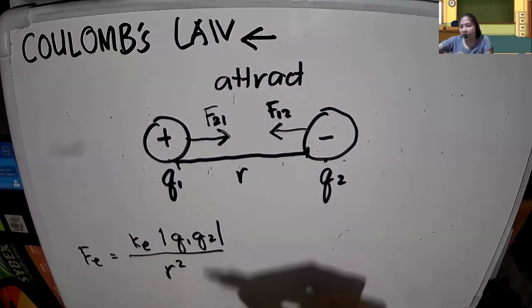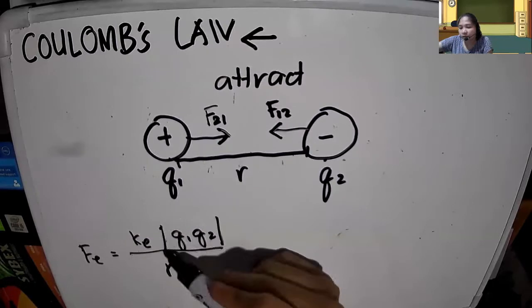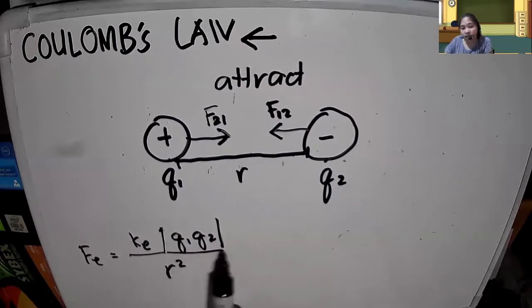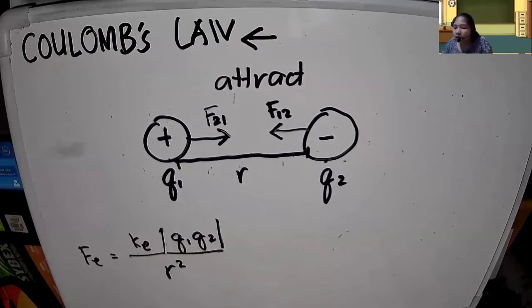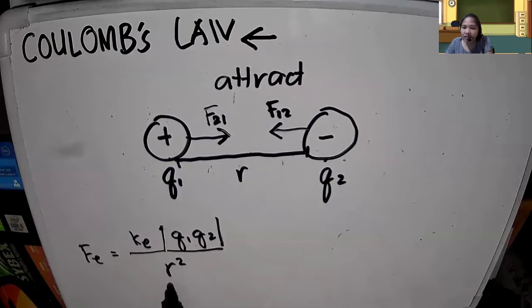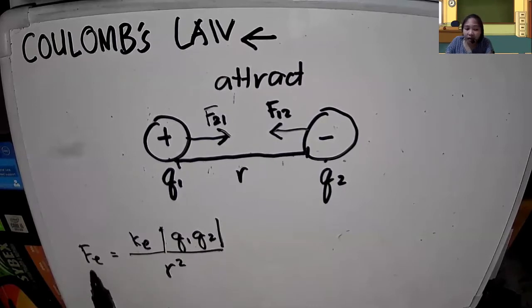We take an absolute value because we are just getting the magnitude. This means that whenever we increase the distance, we decrease the value of F.